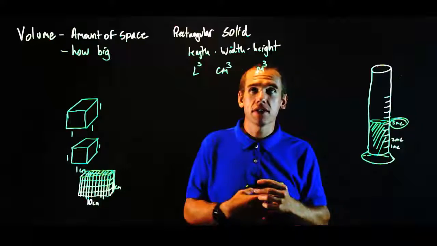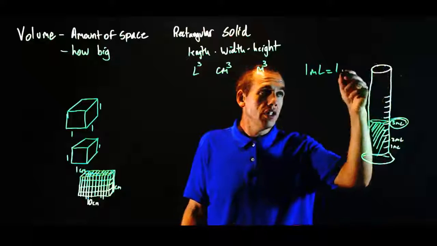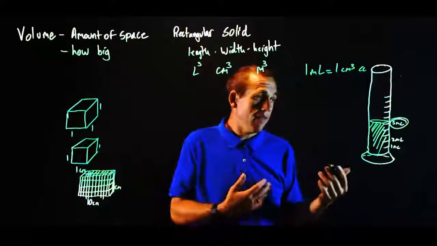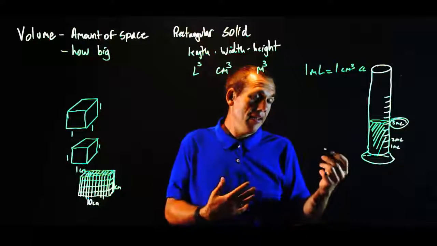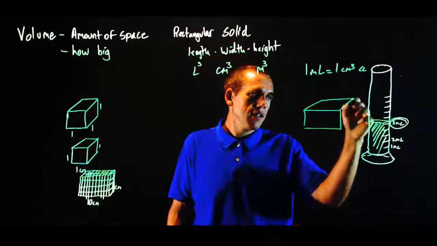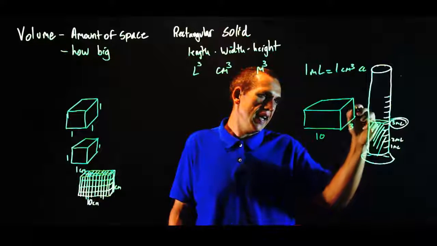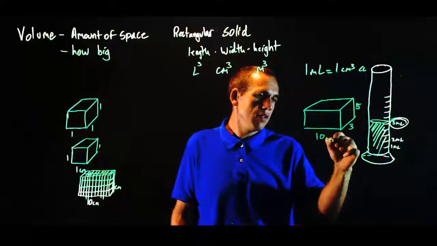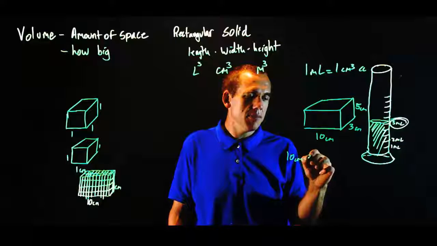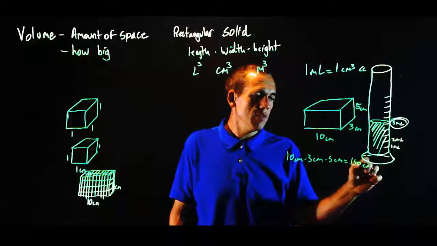Now what's cool about milliliters and cubic centimeters is 1 milliliter is the same as 1 cubic centimeter. You might also see that written as cc for cubic centimeter. Now if I give you a practice problem and I'm like, hey, find me the volume of a prism that has a width of 10 and a depth of 3 and a height of 5 centimeters, then all you have to do is go 10 centimeters times 3 centimeters times 5 centimeters and get 150 cubic centimeters, right?